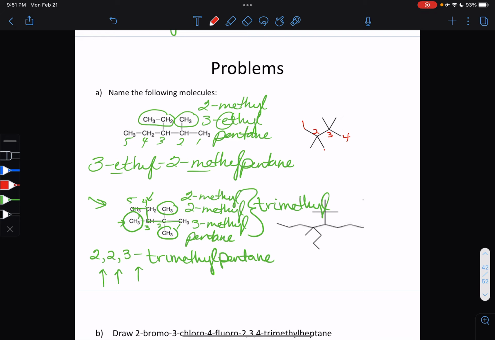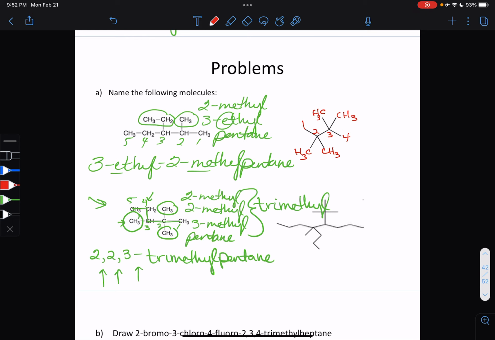So what's at the end of each of those points is a methyl group. And remember that the H3C is the same exact thing as CH3. Chemists just like to confuse you guys because that's what we do.